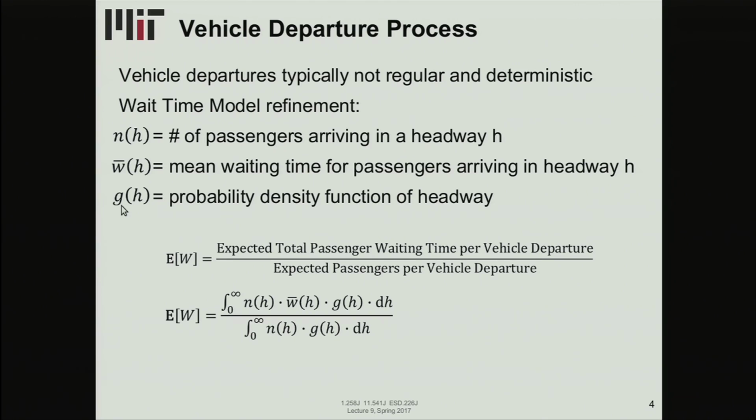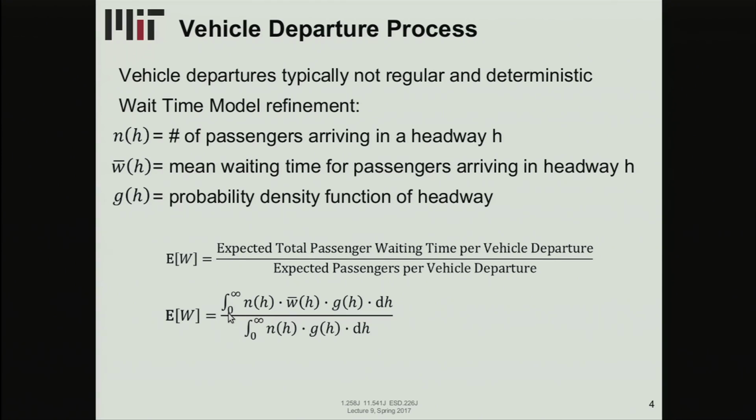So we observe many of these headways, and we have a histogram of headways. If you want to compute the expected waiting time across all passengers, what we want is the expected total passenger waiting time divided by the expected number of passengers, over many, many observations of vehicles leaving. That is expressed mathematically in the equation below.